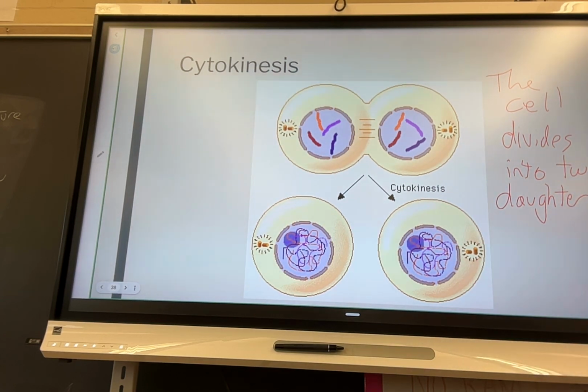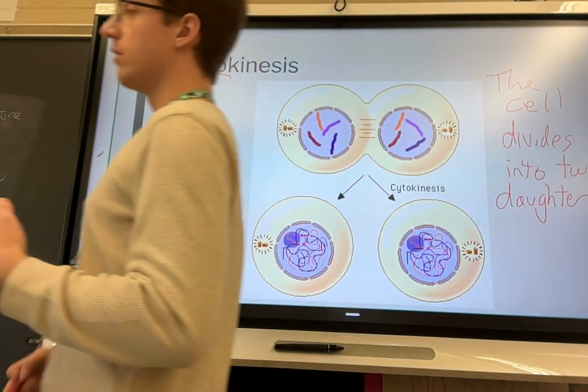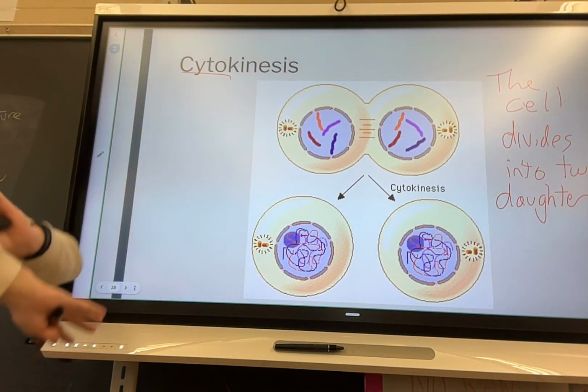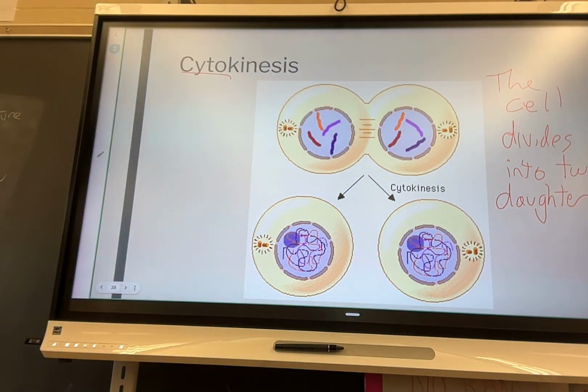So in this one, cytokinesis, kinesis is to move. So telekinesis is to move with your mind. So cytokinesis is to move, in this case, the cell. Cyto is the cell. So cytokinesis, we are splitting apart into two new cells.